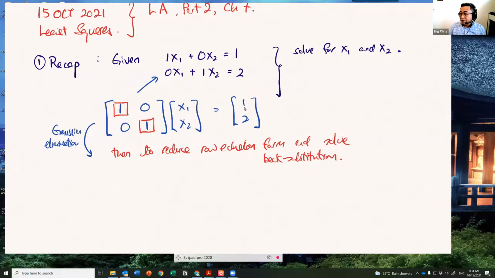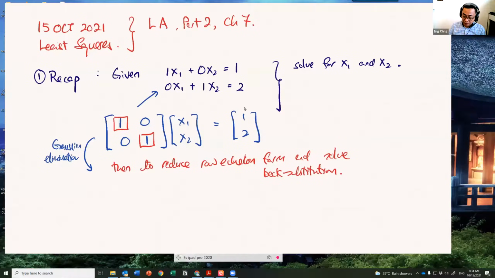And here it's very clear that, the observation is that this problem has a solution. What does having a solution mean?